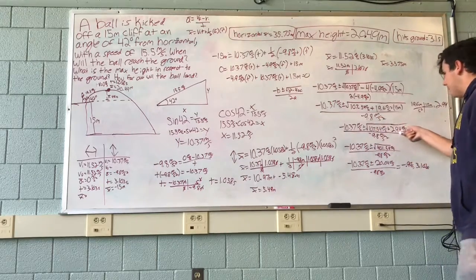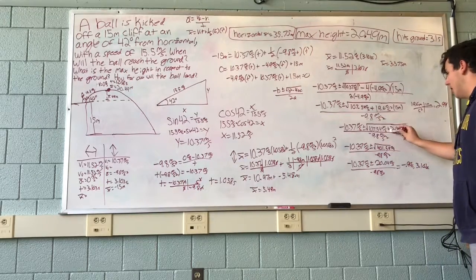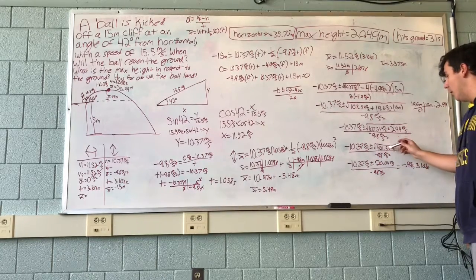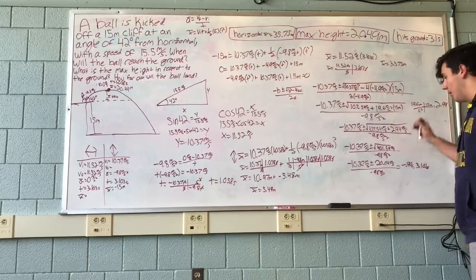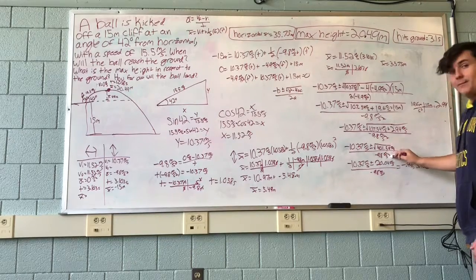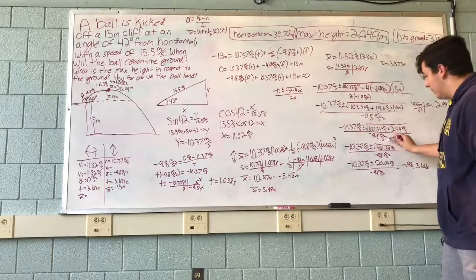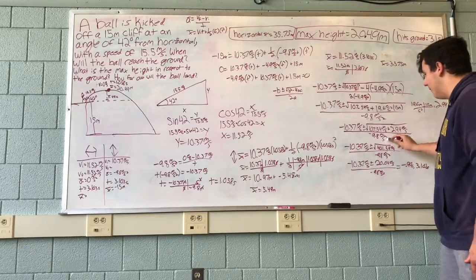Now that you have that, you want to solve for what's inside the radical: negative 10.37 meters per second plus or minus the radical of 401.54 meters per second, over negative 9.8 meters per second squared. Solve for the square root of 401.54.